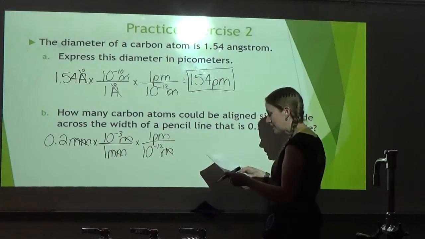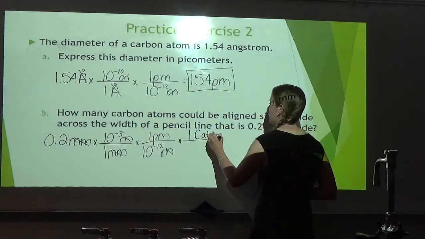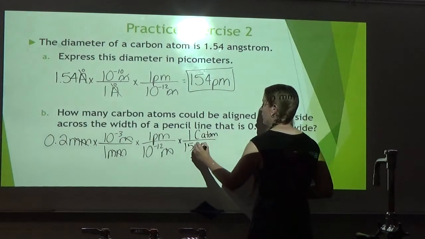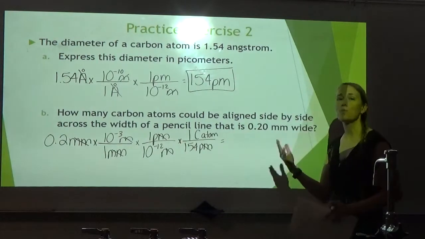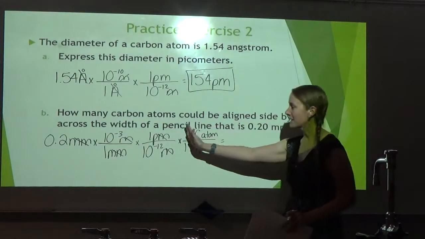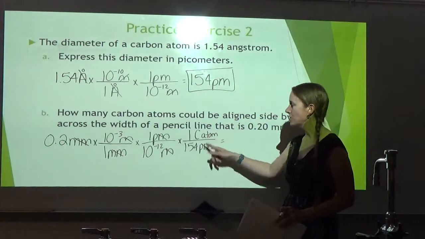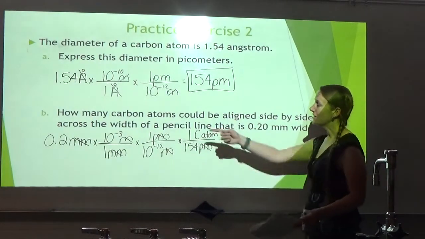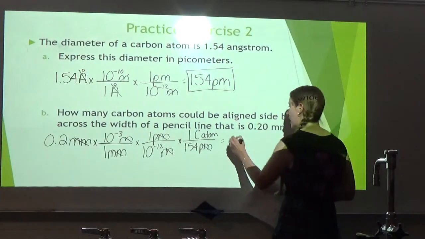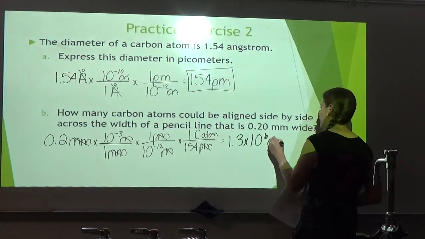And then I said that 1 carbon atom is 154 picometers. I'm just trying to show you how there's more than one way. In the first one, I stopped, got my answer, and then divided. In this one, I just used it as a conversion factor. It doesn't matter. You're going to get the same answer. So I multiply and divide, and for this one, I got 1.3 times 10 to the 6 atoms of carbon.